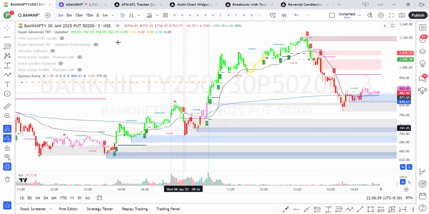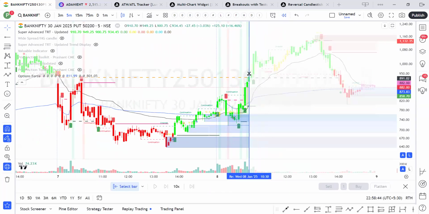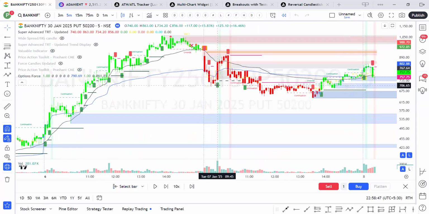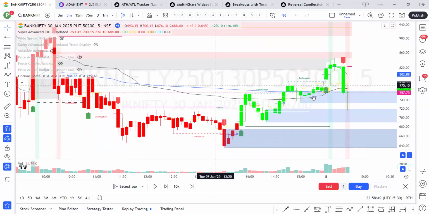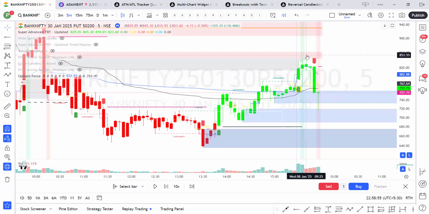It came down. If you check this chart on 5 minute, let me come to bar replay. That will be better to see. So this is the bar replay chart. This is the first candle, the 9:15 candle. Price went up, came down in the buying area.